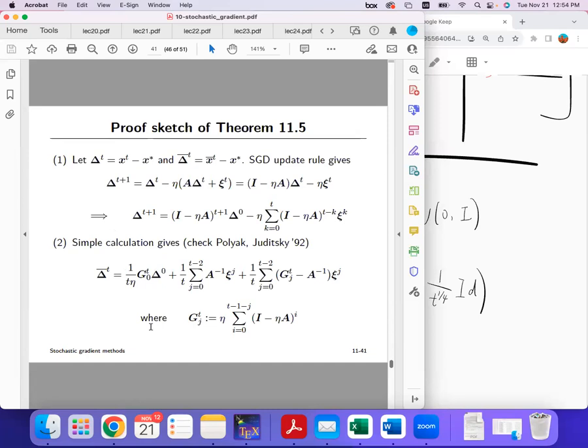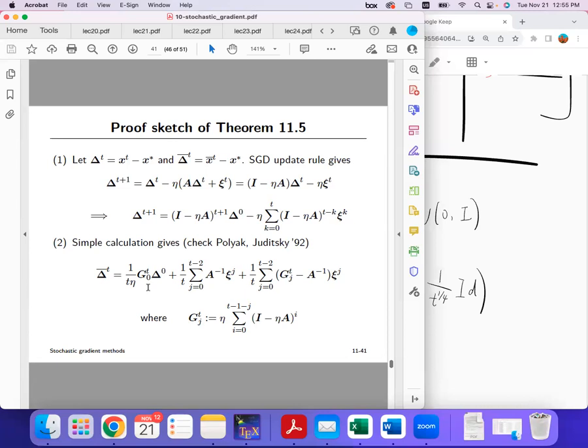And this is a proof sketch, but the idea is exactly the same. You just unroll the iterations over t one by one. So eventually, delta t bar, the difference between your model average and the minimizer, equals such a complicated geometric summation.